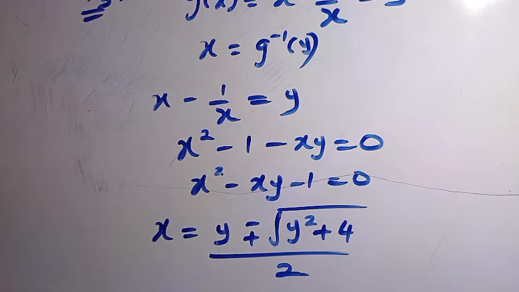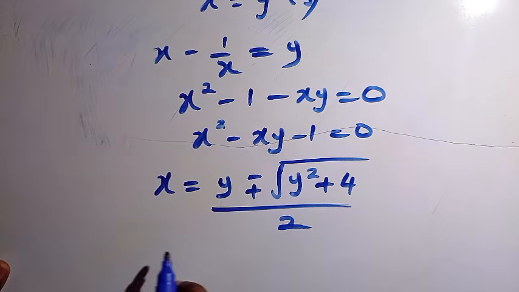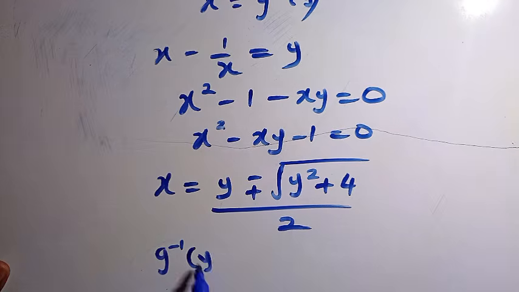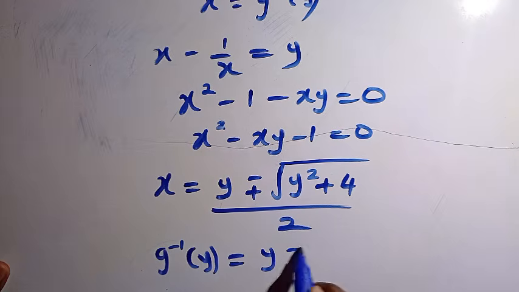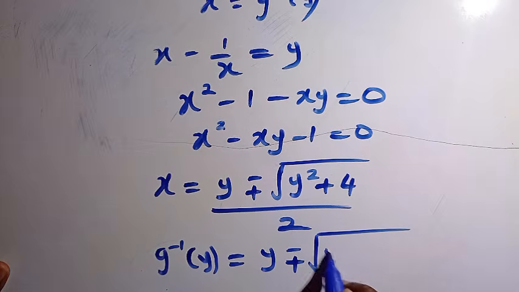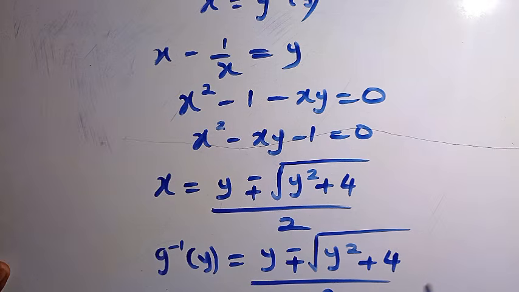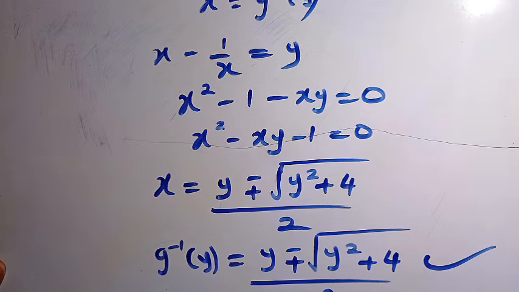If this is clear, but don't forget that x is given as g inverse of y, then it equals y minus plus the square root of y squared plus 4 divided by 2. So this is our g inverse of y.